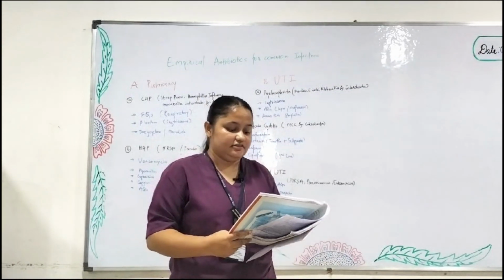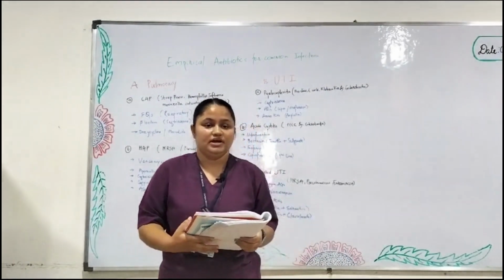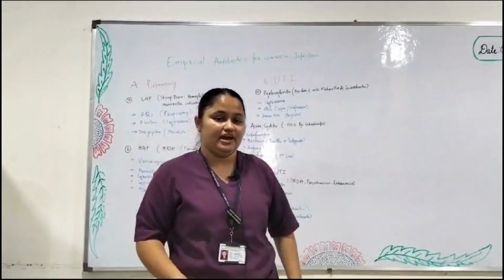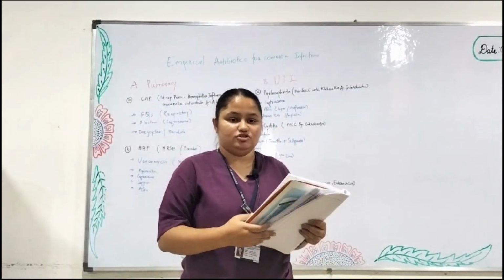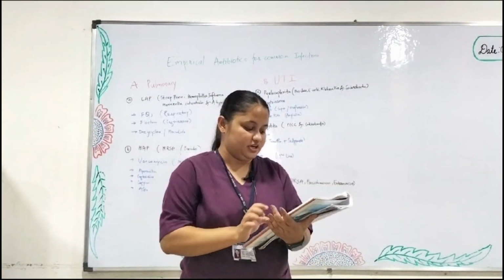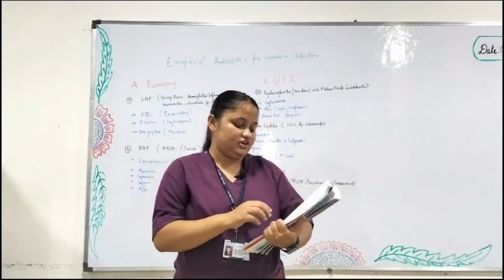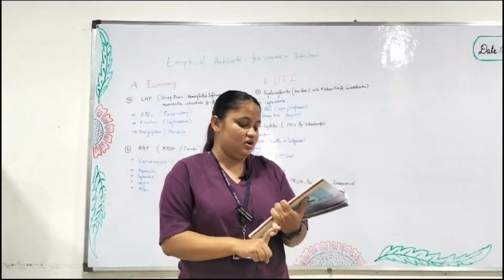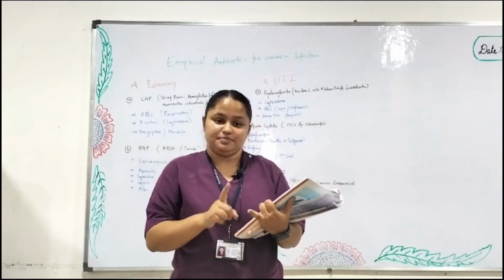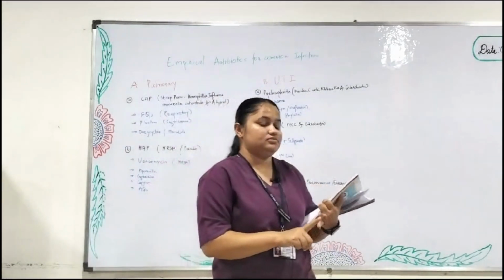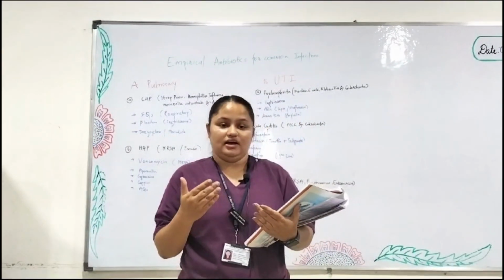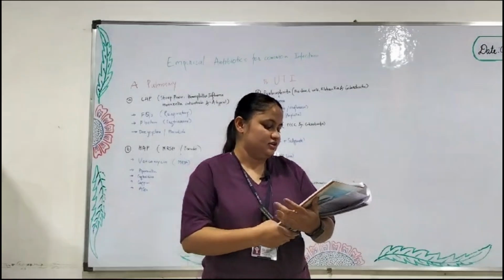If the patient is admitted to the ICU because of community-acquired pneumonia, we have ceftriaxone plus azithromycin, used in combination. If the ICU patient develops MRSA or has a beta-lactam allergy, we go to vancomycin or fluoroquinolones.